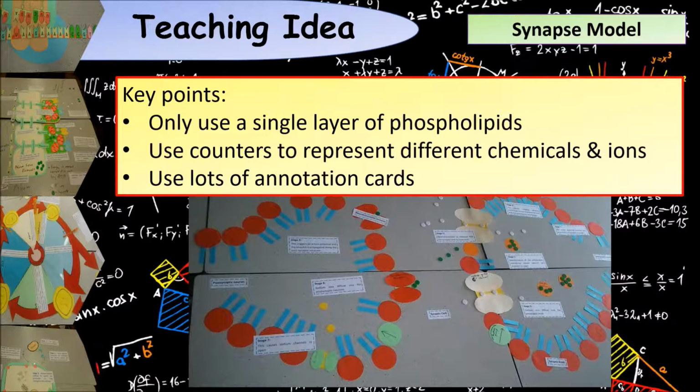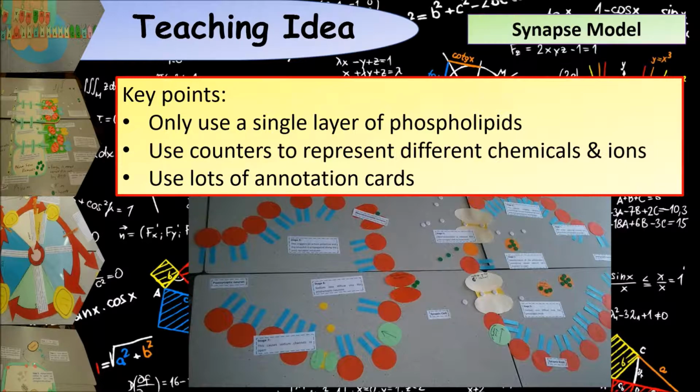Make sure you've got lots of little parts in it to represent the vesicles and so forth. As you're running through the activity, move different tiddlywinks around to represent the different ions and the acetylcholine that's being released, and keep asking students lots of questions to help relate this back to what they've previously done on action and resting potentials.